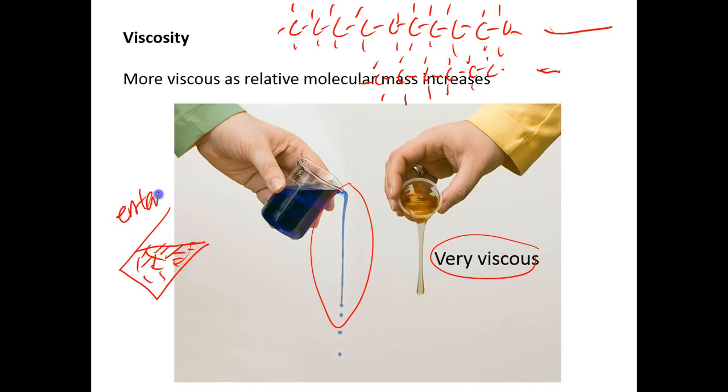So when they entangle, it becomes hard to move. It is harder to flow. Versus this short chain compound, smaller, shorter chain, less likely to entangle. So it flows more easily as a result. Okay, so this is viscosity.